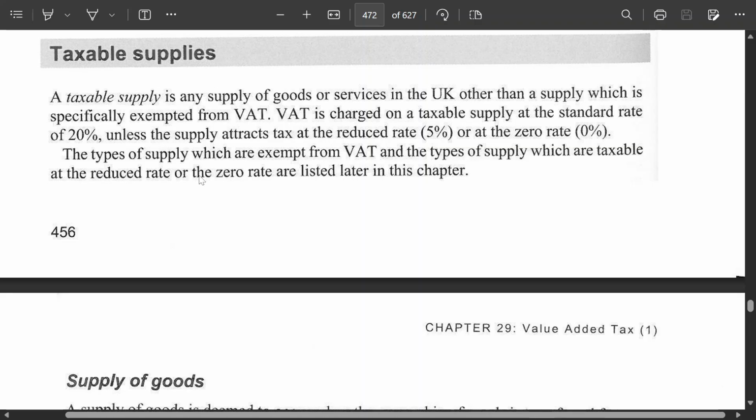And so there are three rates of VAT, as you will find out. It's a standard rate of 20%, 5%, and zero rate of 0%. So these numbers you have to remember, because zero rate obviously is obvious. 5% is the reduced rate. You need to remember because they're not in the tax tables. All right. So taxable supply is anything which is not exempt.